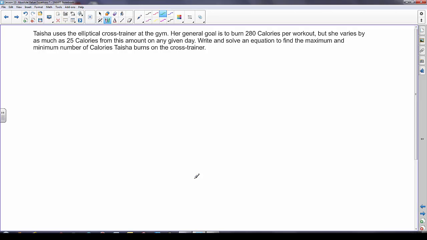So here's the deal. Since I vary 25, it could go 25 high or 25 low. That's like my plus and minus. And that is going to be added or subtracted to her total of 280.